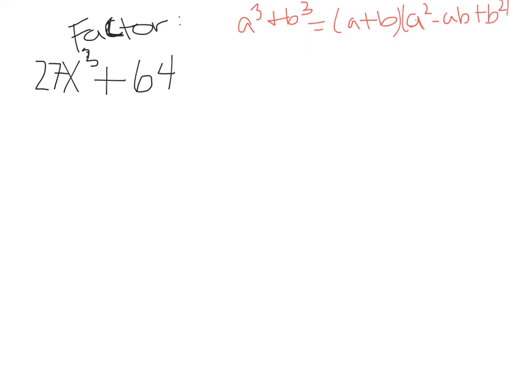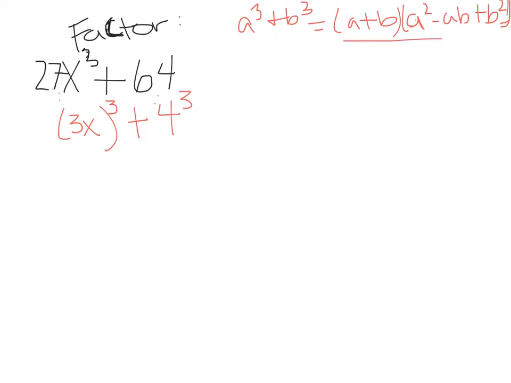So this is tricky, and you have to memorize it. And we can talk a little bit more tomorrow about ways to memorize this. The other trick is that you're not going to have the 27 and 64. You need to write those as their cube roots. So 27 is really 3 cubed, so 3x to the third power plus 4 to the third power is really what 27x to the third plus 64 can be rewritten as.